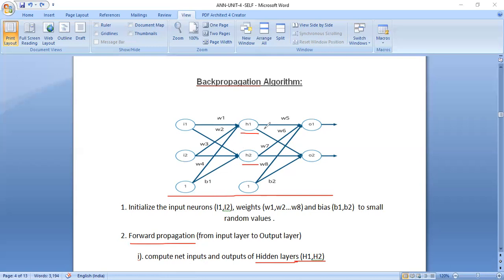Then after that, we calculate the net input of H2 and the net output of H2. You need to calculate these H1 and H2 input values as well as output values. So we'll see the formula for this.